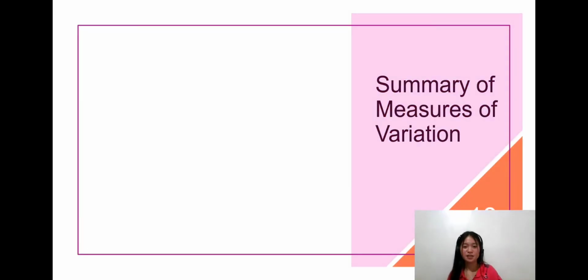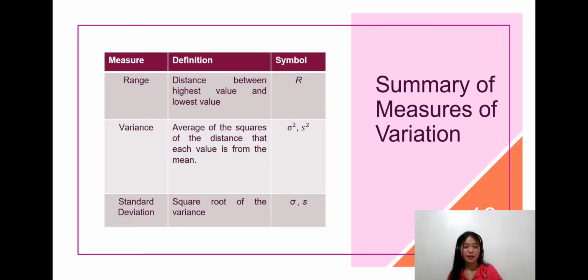So here is the summary of measures of variation. The measures are range, variance, and standard deviation. And there is their definition and symbol. So the definition of range is the distance between highest value and lowest value.